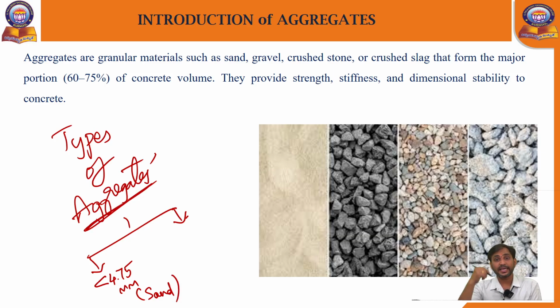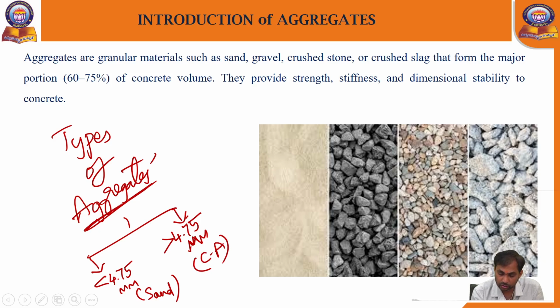If the aggregate size is more than 4.75 mm, then it is called coarse aggregate.